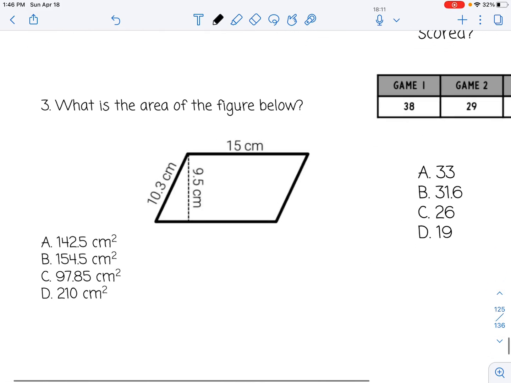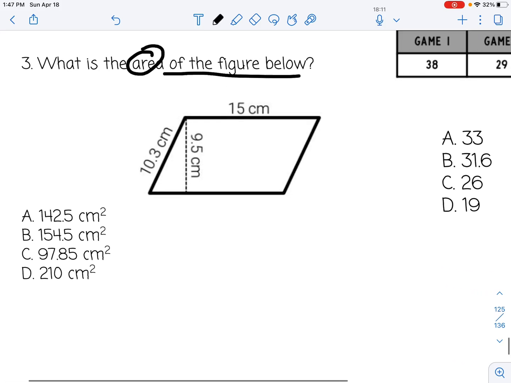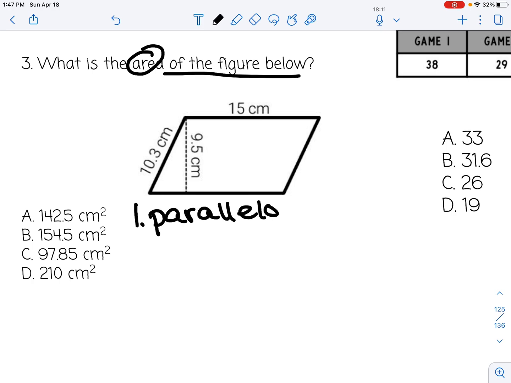All right, number 3. What is the area of the figure below? Remember, this is on page 84, and also remember your steps. Step 1, identify the shape. Remember, the shape is a parallelogram. Step 2, write down the formula for the area of a parallelogram.